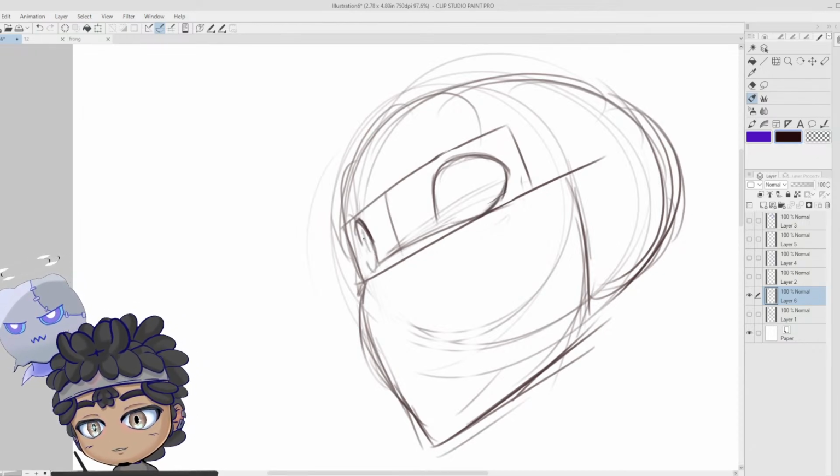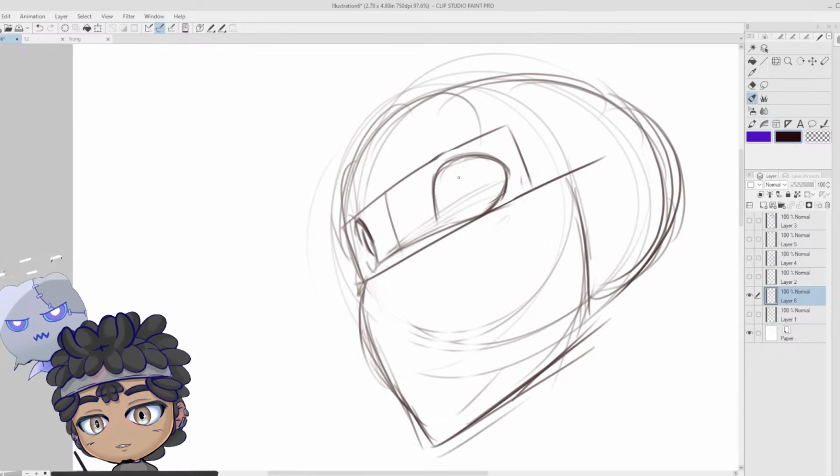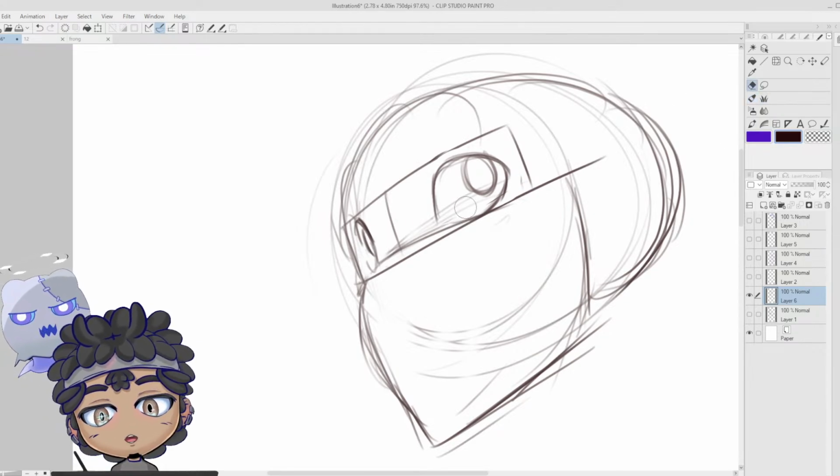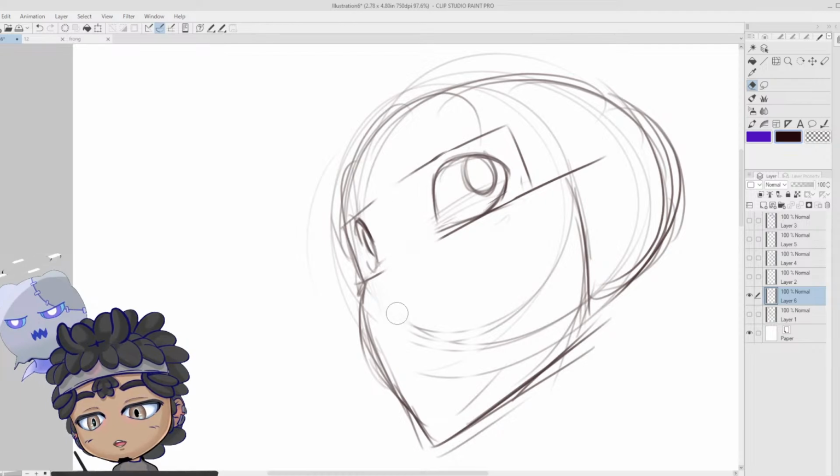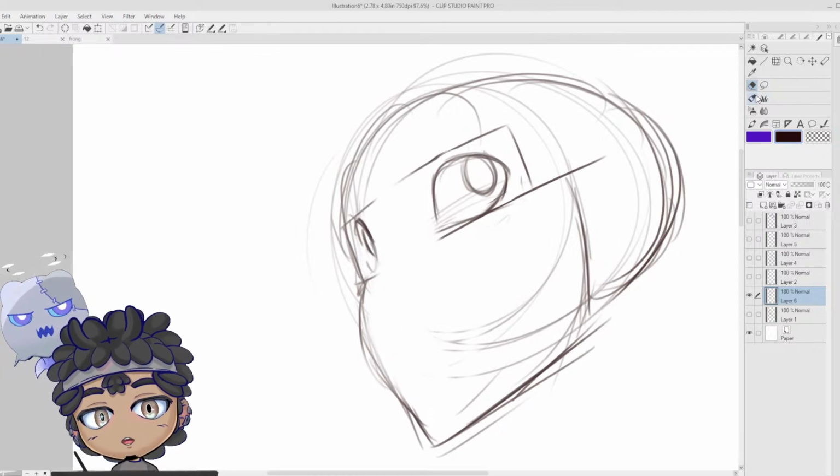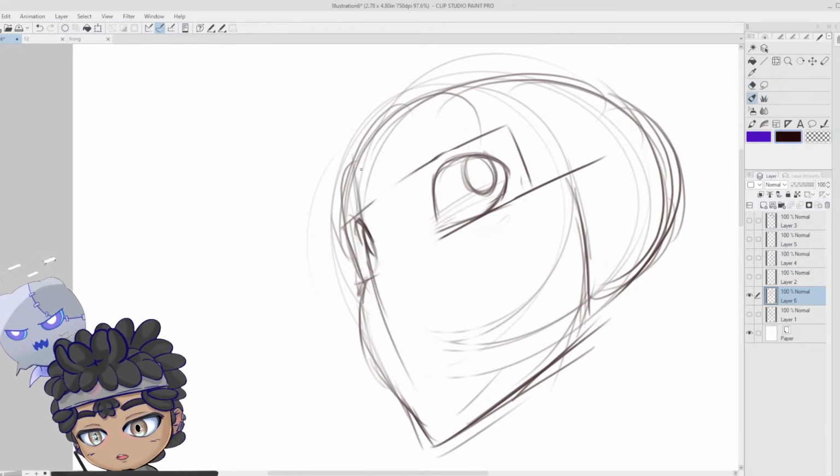Okay. It also depends where you put the eye. This is why you always put a line to really show how much turning you put onto the character.